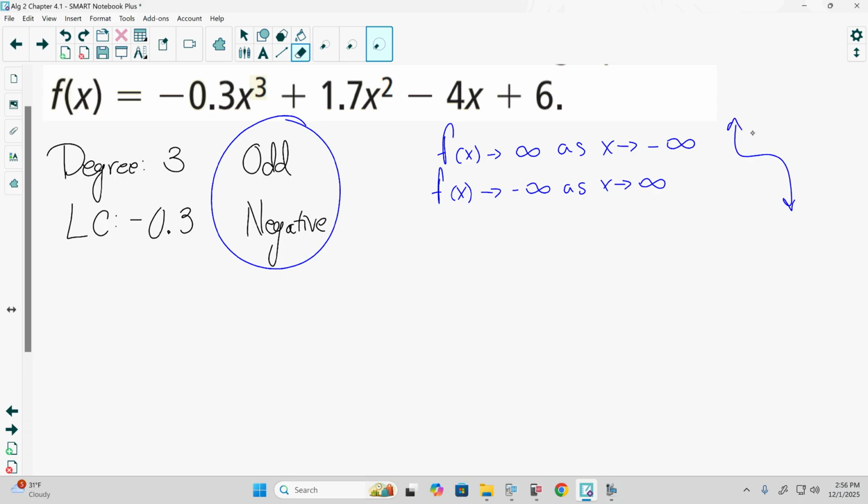Or really, I'm expecting the function to look something like this here. As we go to the left, it should be going up. As we go to the right, it should be going down. That's really all that's saying in words. Questions on this here? Be ready for the next one.